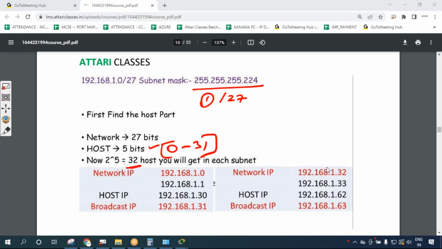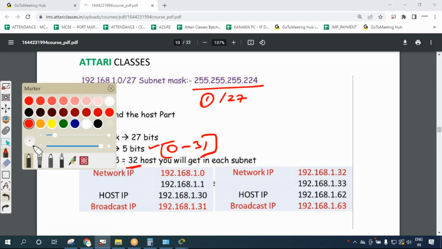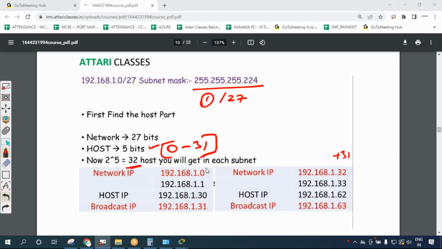What is the next? 32 plus 31 will give you 63, and so on. You can count up to 255. Getting the point? The first one is important, and the next subnet can be created.